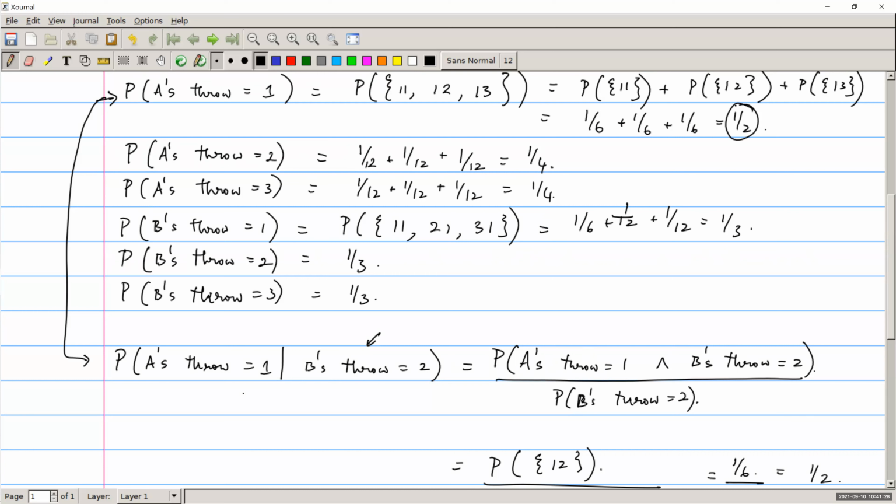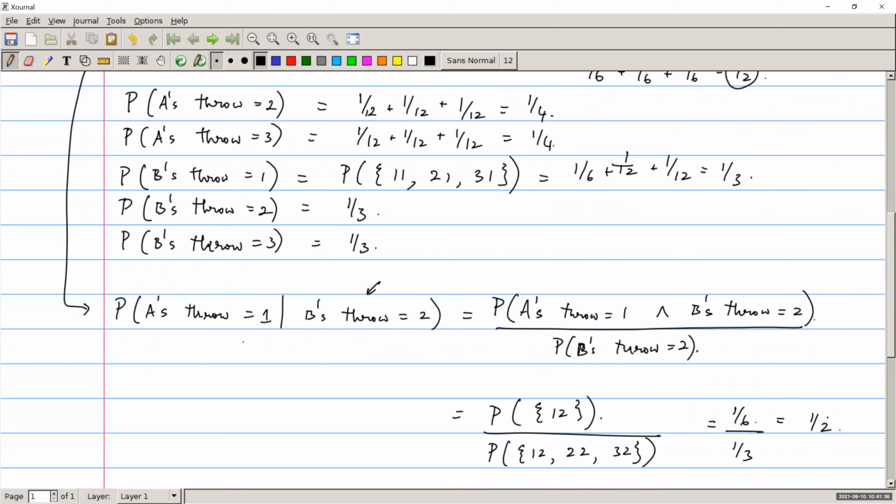Now if somebody gives us the additional information that B's throw was 2, our conditional probability that A's throw is 1 is still 1/2. It did not change. The probability we assigned to A's throw being 1 did not change even when given this partial information.